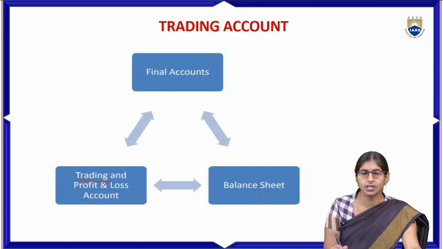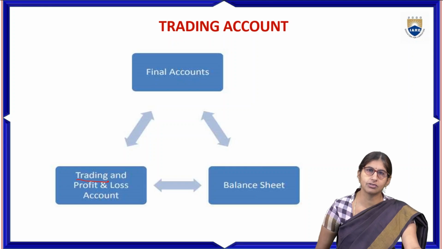In the balance sheet we are going to know the status of the financial position of the business. Today's topic is completely about trading account. We are going to focus much on trading account, and then we'll go to the profit and loss account and balance sheet in further videos.